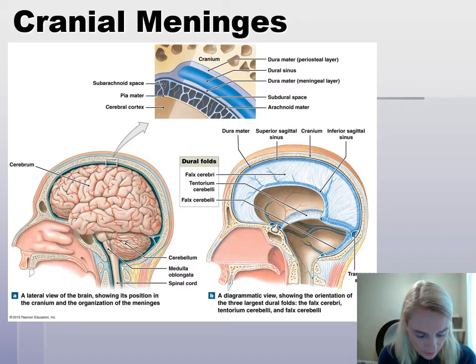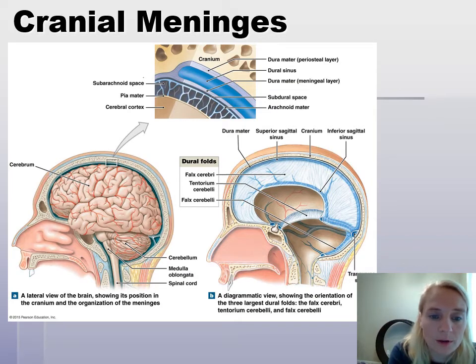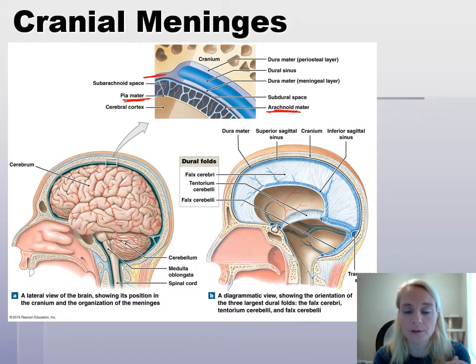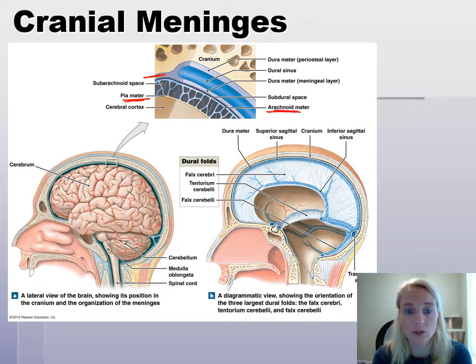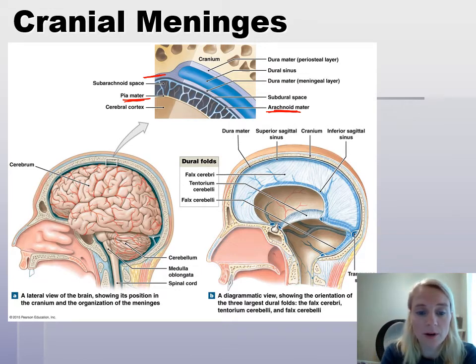Let's see, what do I want to tackle first? The dura mater. Okay, well, here's the dura mater, here's the arachnoid mater, and here's the pia mater, right? So we're identifying all 3 of those. The pia mater sits right on the surface of the brain, the neural tissue. The arachnoid mater has all these webs, right, and the subarachnoid space.